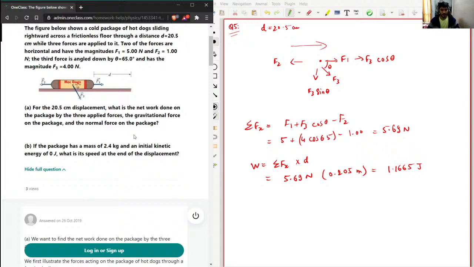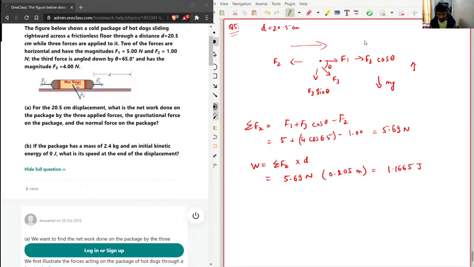The gravitational force is going to be in downward direction, which will be mg, and the normal force is obviously in the upward direction. The displacement is in positive x direction, and the formula for work done is F into displacement into cos of theta.